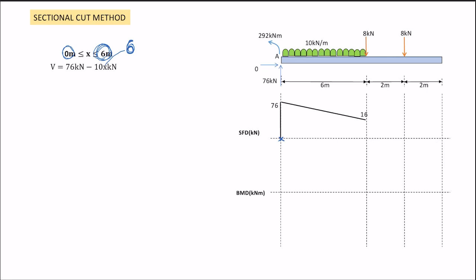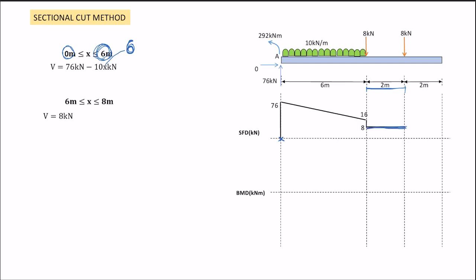For the next boundary, 6 sampai 8 meter, ya, dekat sini. V equal to 8 kilonewton. Okay, meaning that dia fix 8 kilonewton sepanjang 2 meter tu. Maksudnya, dia turunlah 8 dan akan pergi straight 8 sebab value dia tak berubah.